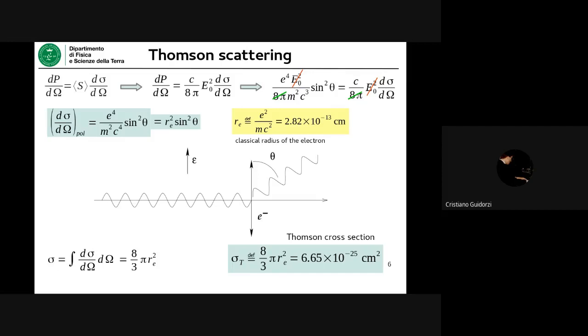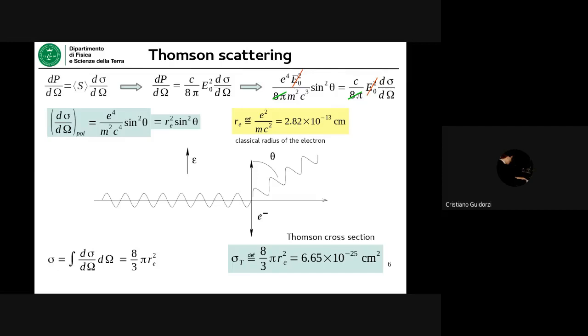So when you wonder, I have some photons and I have some free electrons, how can I evaluate, even with an order of magnitude estimate, how frequently they can interact? Sigma Thomson. The Thomson cross-section tells you, let me use not very rigorous words, but just to let you understand, how big an electron appears from the point of view of a photon.